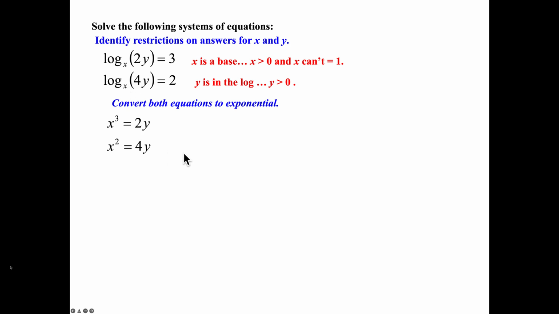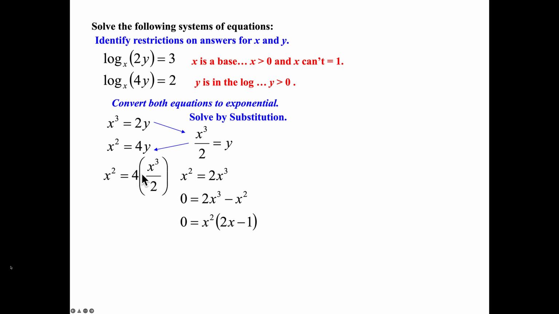Excuse me. So we'll solve this by substitution. Pick either equation, doesn't matter, solve it for y. I divided the 2 over, so x cubed over 2 is equal to y. I'm then going to substitute it into this y. 4 times x cubed over 2, well, 2 goes into 4 twice, so x squared equals 2x cubed.